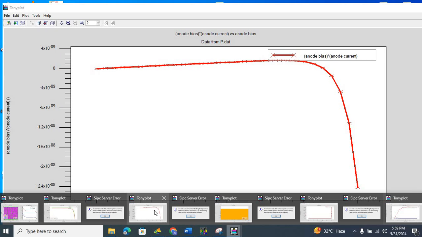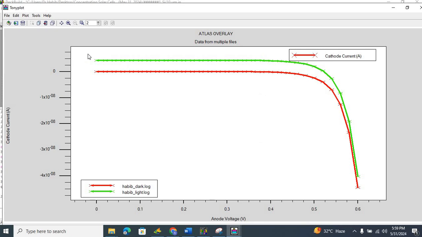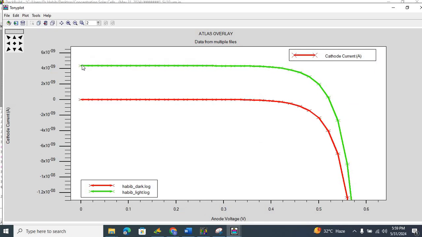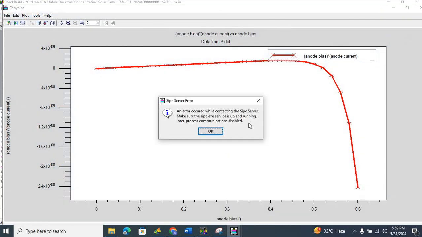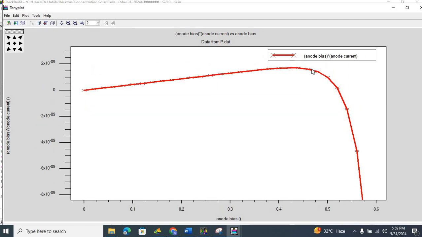From this structure we can see the IV characteristics under dark and light conditions. The green curve represents the IV characteristic under light conditions, the red curve under dark conditions. Similarly, we can also see the power curve, and we have the maximum power point around here.